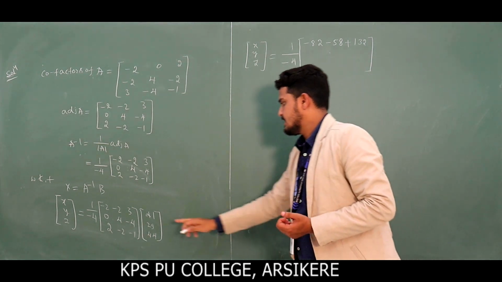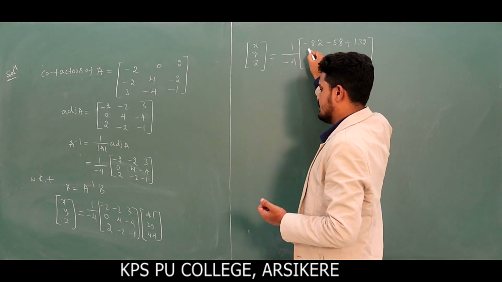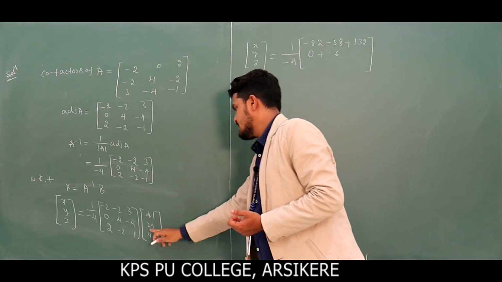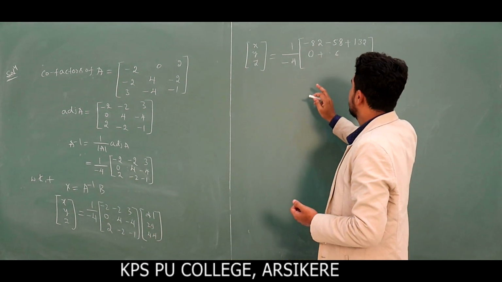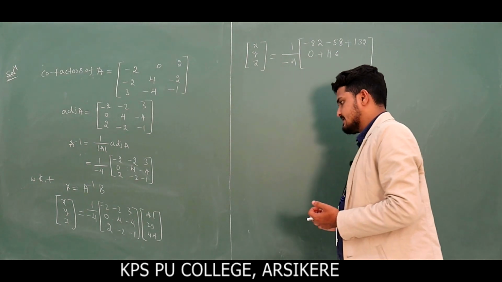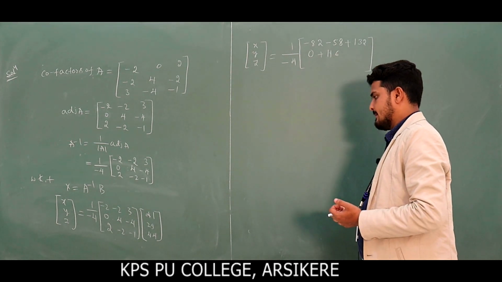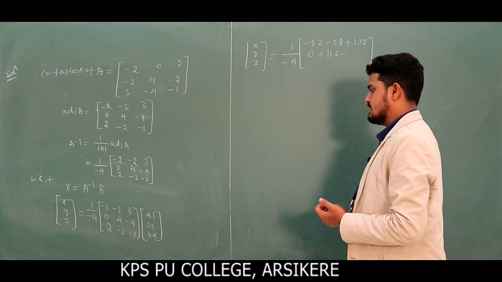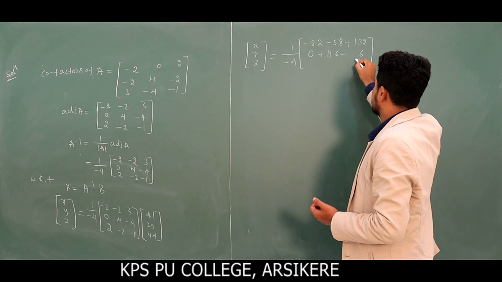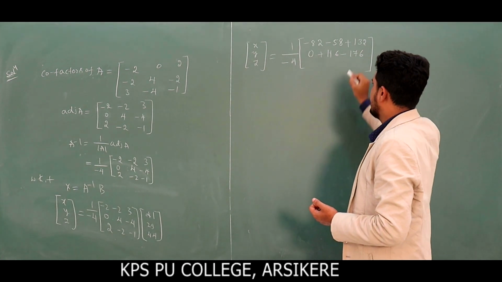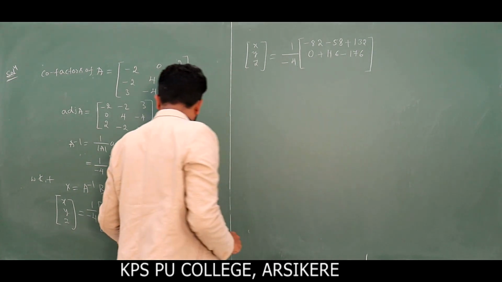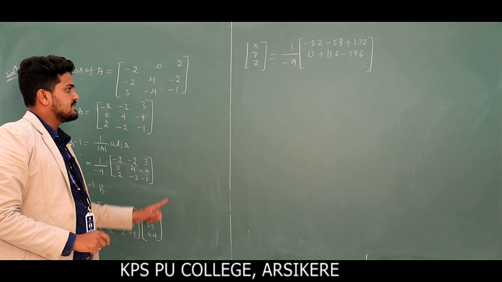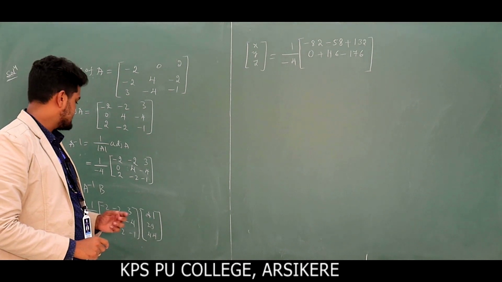So 0 into 41 is 0. 29 into 4, 4 2s are 8, 8 plus 3, 11, 116. Minus 44 into 4, 176.